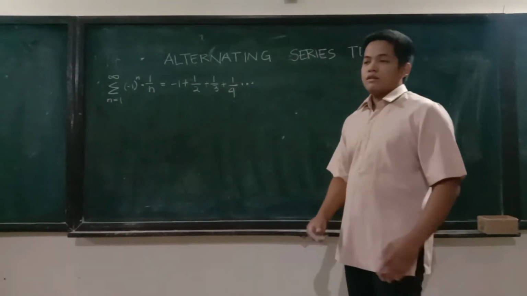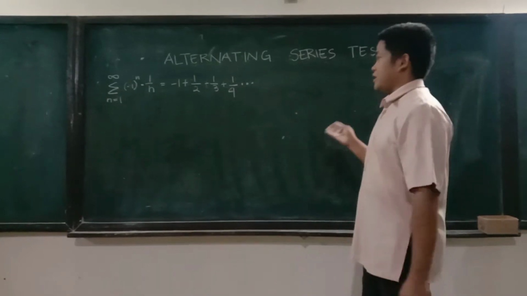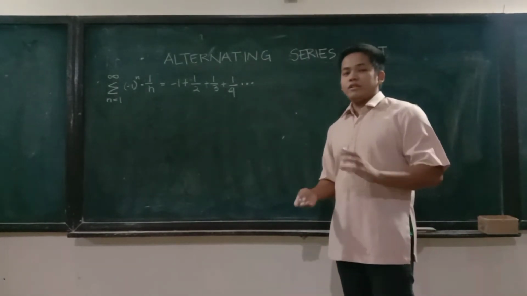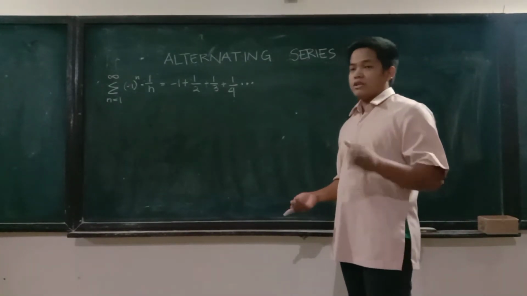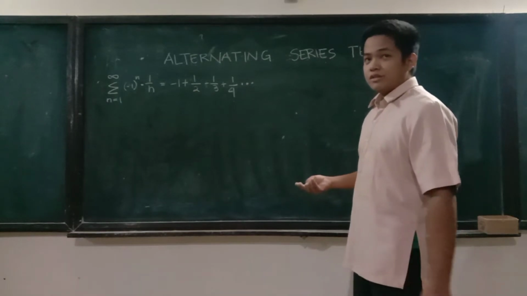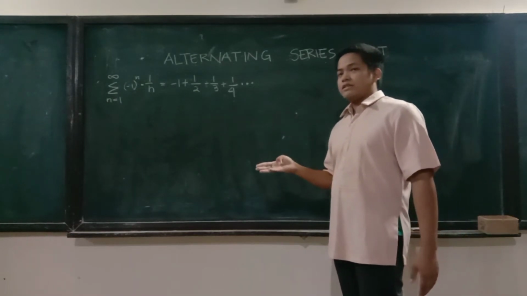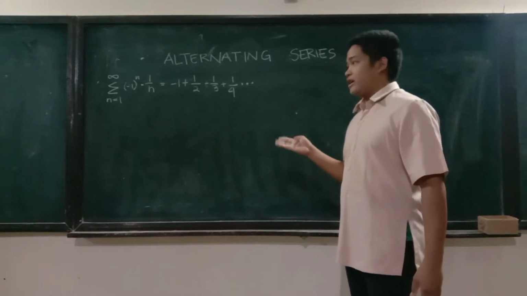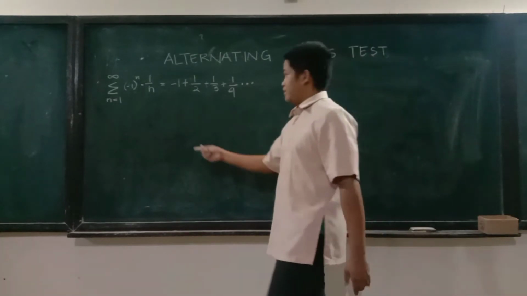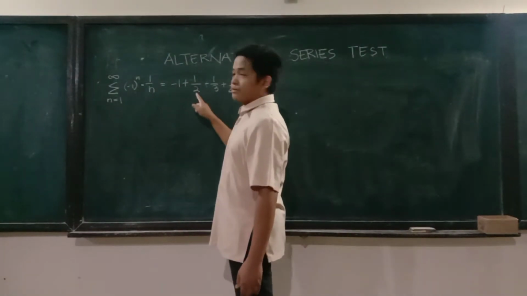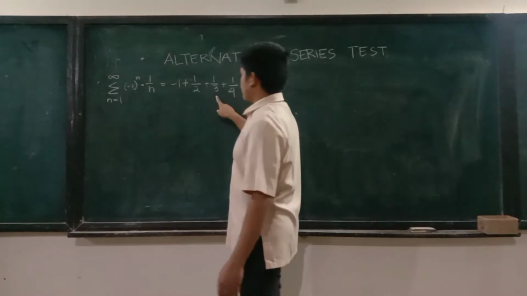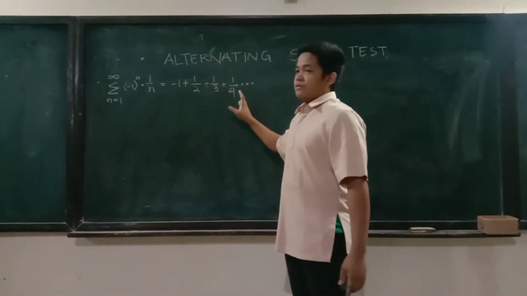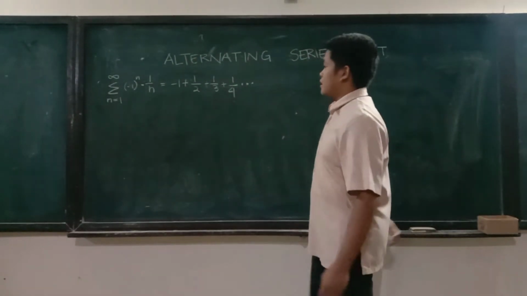What is the alternating series test? It is called the alternating series test because the terms alternate in sign. Like for this example: negative 1, positive 1 half, negative 1 third, positive 1 fourth, and so on.